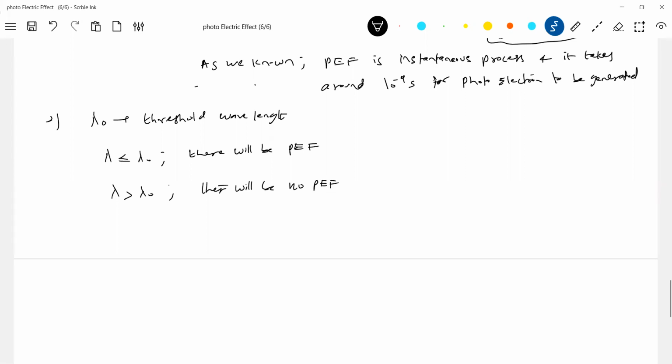What do you mean by this? Let me take a source again. The wavelength of this is lambda 1, which is less than lambda naught, the threshold wavelength. Then I'll keep a surface here. Then what I see is ejected electrons.